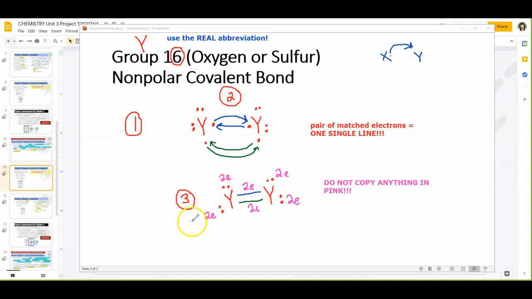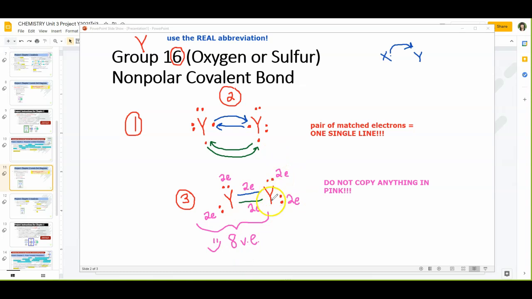So let's make sure that counting this up, this works. Each atom believes that it has everything in the middle. So this Y believes it has the 2 on the top, the 2 on the bottom, this 2 in the center, and this 2 in the center. So 2 plus 2 plus 2 plus 2. It believes that it has 8 valence electrons, and that is a full octet, and so this Y is happy.